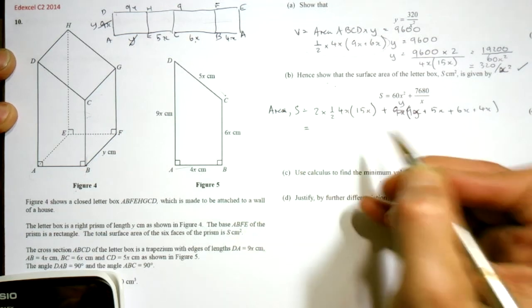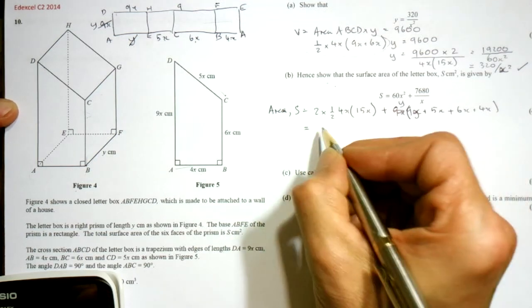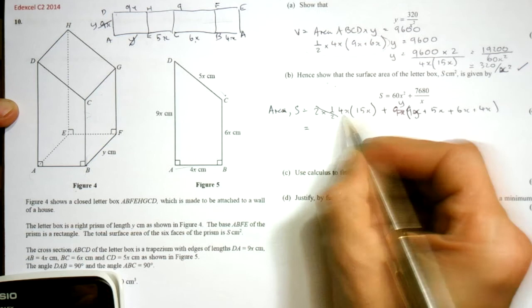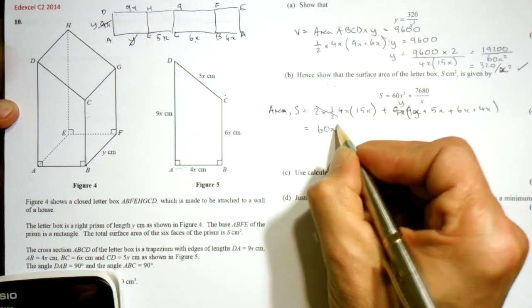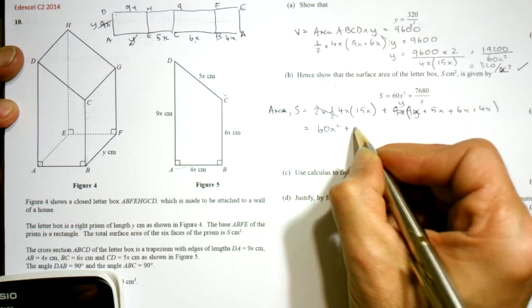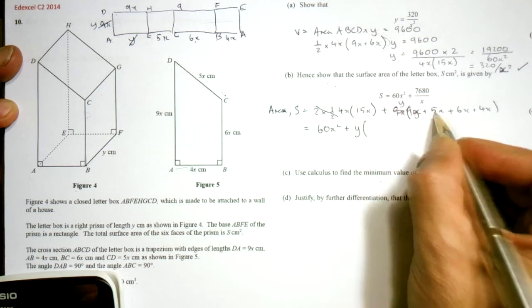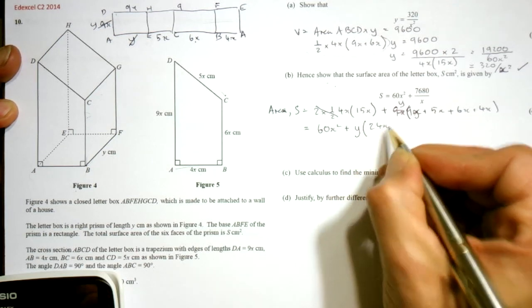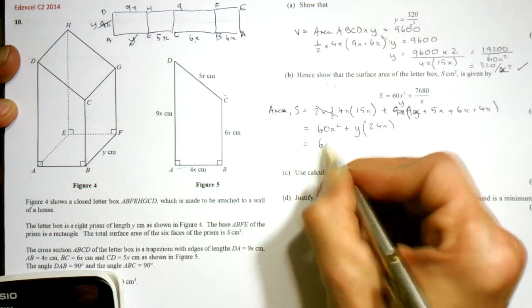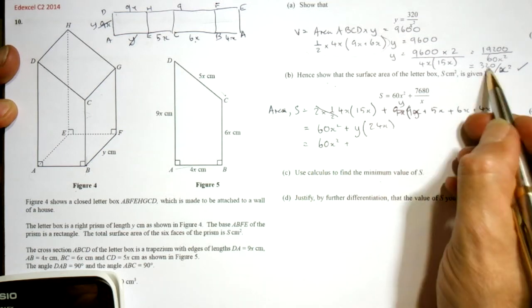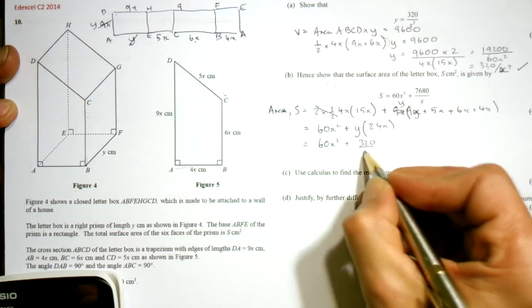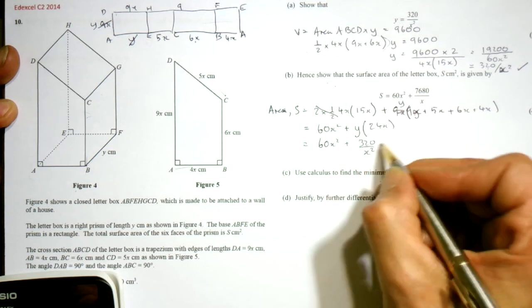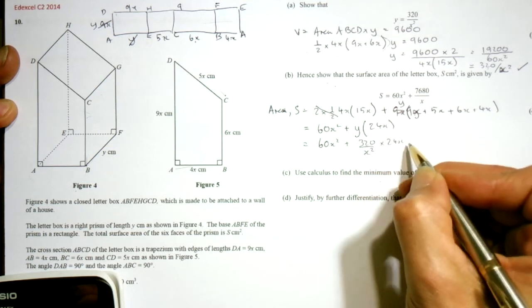And the whole area is 2 times half goes away, 4x times 15x, 60x squared, plus y times 9 plus 5 plus 6 plus 4, 24x, which is equal to 60x squared plus 320 over x squared. So what we've done is substitute for y times 24x.